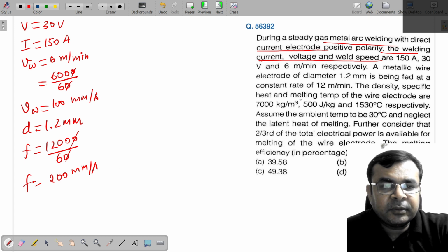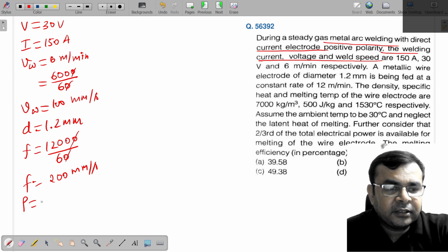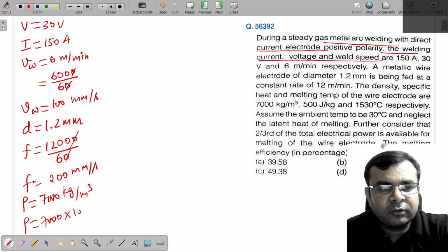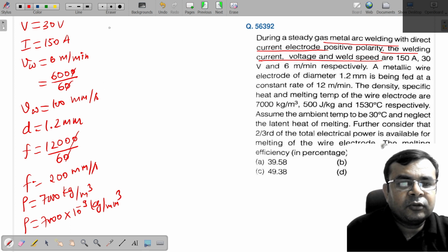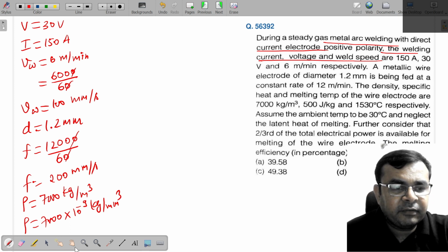The density, specific heat and melting temperature of the electrode are given here. Density is 7000 kg per meter cube, and if you convert this into millimeters, it can be written as 7000 into 10 power minus 9 kg per millimeter cube. So this is the information which is already given in the question.